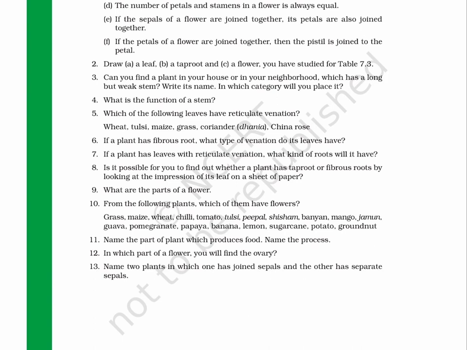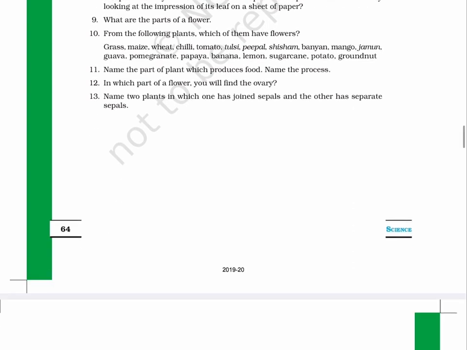Grass, maize, wheat, chili, tomato, tulsi, peepal, shisham, banyan, mango, jamun, guava, pomegranate, papaya, banana, lemon, sugarcane, potato, groundnut. 11. Name the part of plant which produces food. Name the process. 12. In which part of a flower will you find the ovary? 13. Name two plants in which one has joint sepals and the other has separate sepals.